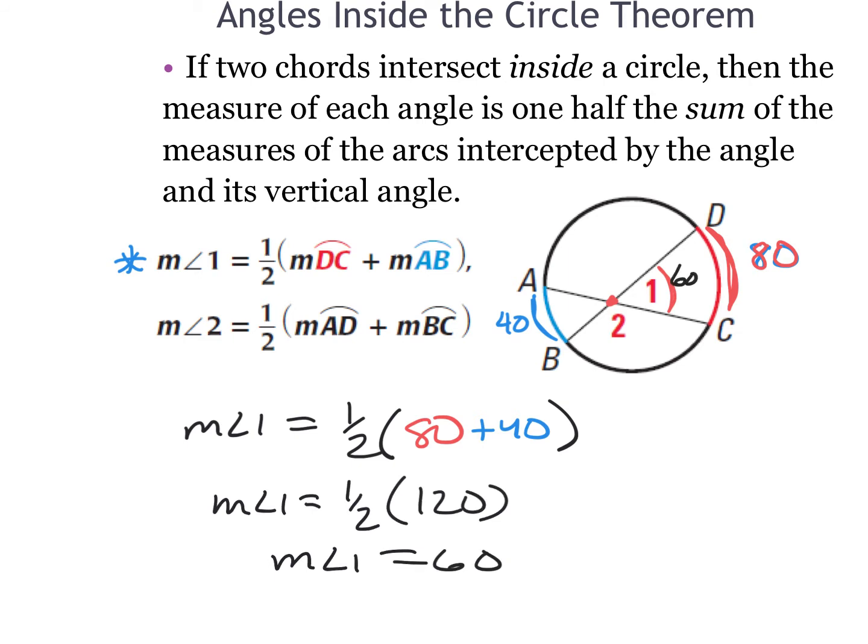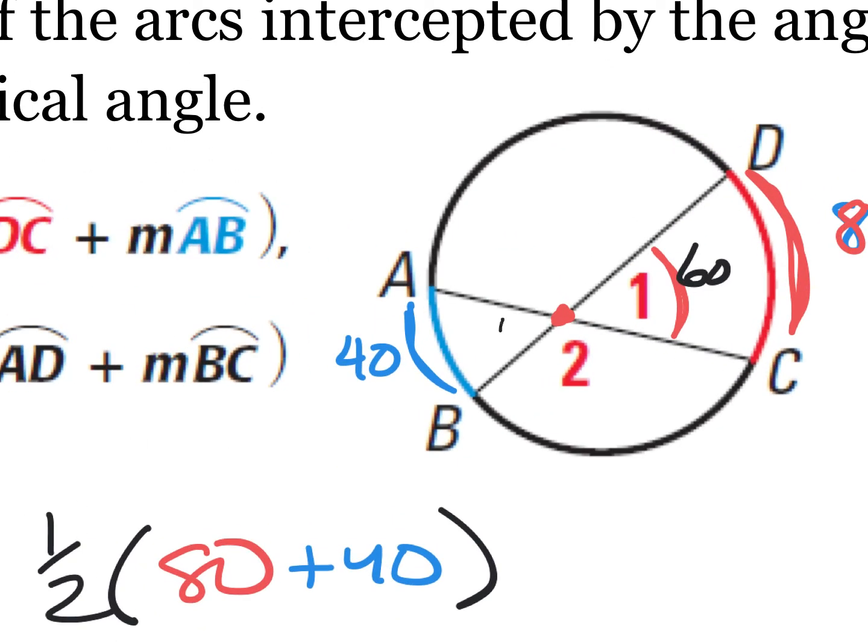Again, remember that vertex is not at the center, so that's why the arc and the angle are not congruent. Now, to find the other angle, remember these are vertical, so this side would also be 60. However, if I wanted to find angle 2, realize that 1 and 2 together are sitting on a straight line, or a straight angle. They're supplements.